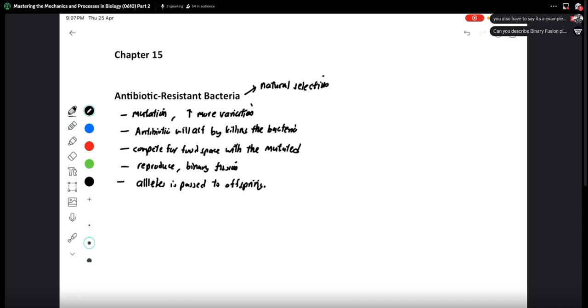Can you describe binary fission? Fission, not fusion. Fission. So for our body cells, what are the two cell divisions that happen in our body? Please list them for me. Mitosis and meiosis, correct? So bacteria cannot undergo mitosis and meiosis because it takes a very long time.